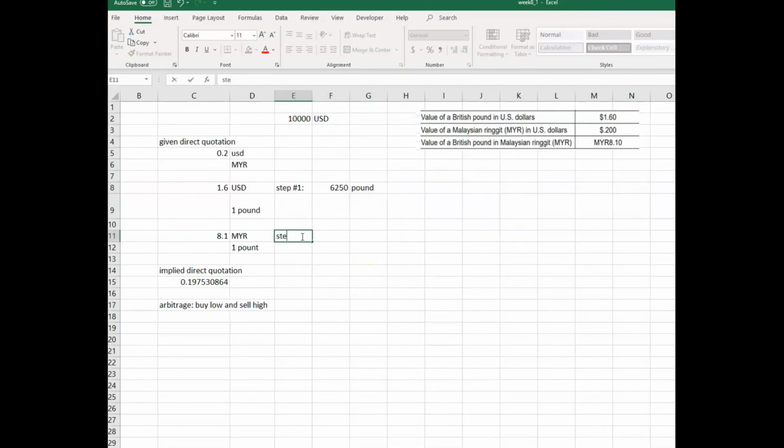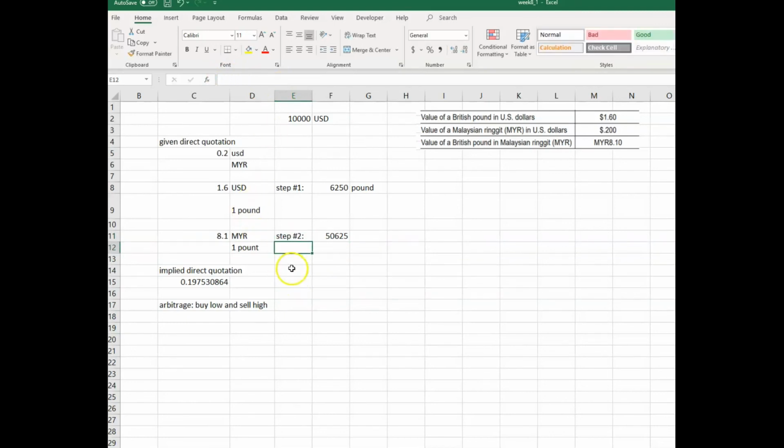This is step two. We have pounds and we are going to buy ringgit, because with 1 pound we can buy 8.1 ringgit. So this is times 8.1.